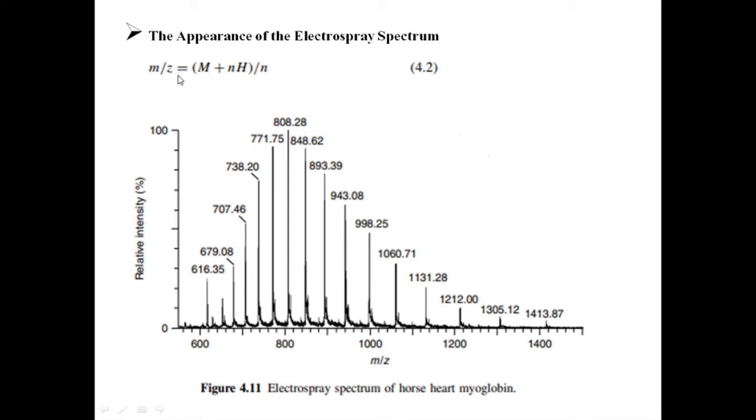The mass to charge ratio is equal to the molecular weight of the analyte plus n times H, all divided by n, where capital M is the molecular weight of the analyte, capital H is the atomic mass of the adduct species, 1 for hydrogen, 18 for ammonium ions, 23 for sodium, 39 for potassium, and so on, and small n is the number of charges carried by the ion.